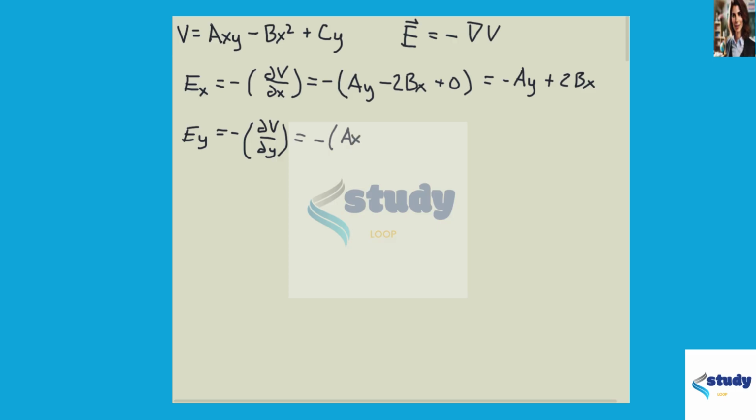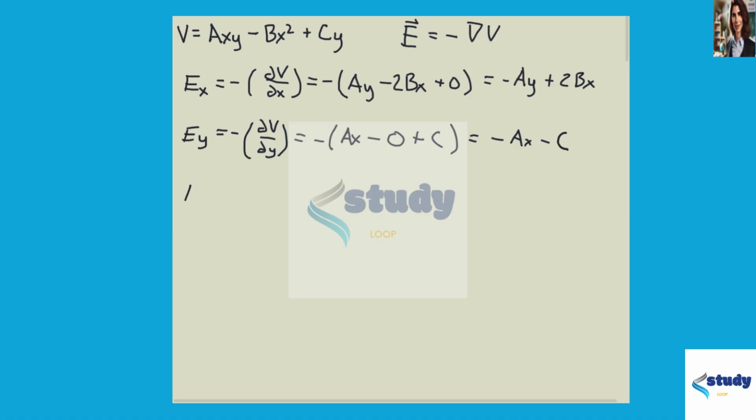For the second term, there is no y term, and for the last term we'll have c. So the y component of the electric field is equal to minus ax minus c.